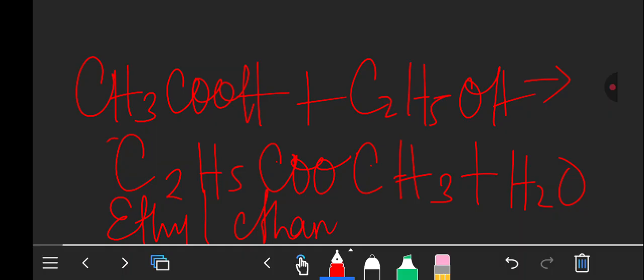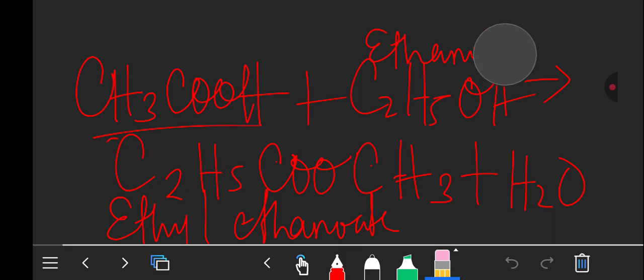So this ester which is formed, this is what we call ethyl ethanoate. So why are we calling that? Because this is ethanoic acid and this is ethanol. When ethanol reacts with ethanoic acid, we're going to remove the NOL and replace it with YL, so it will be ethyl.